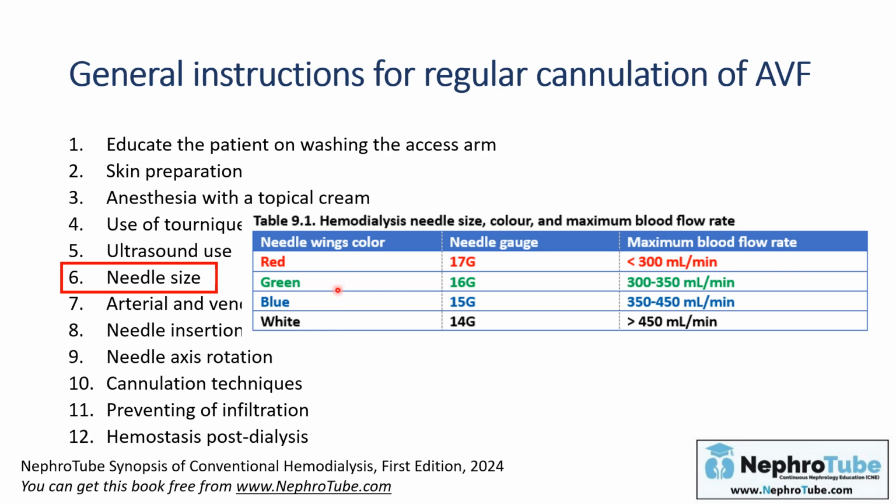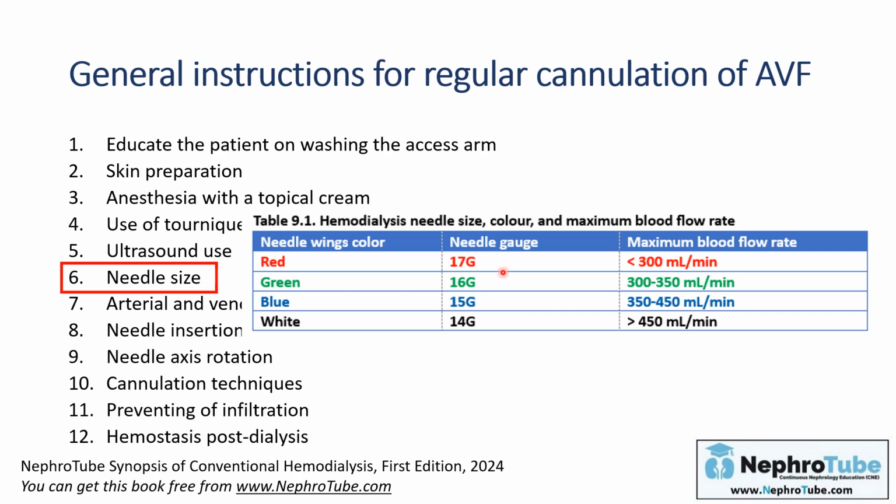We have different needles with different wing colors. The red needle is the smallest. The green size is 16. The blue is 15. The white is 14. The white is the largest needle, and each of these needles has a maximum blood flow rate. For sure, the smallest has the lowest blood flow rate, and so on.